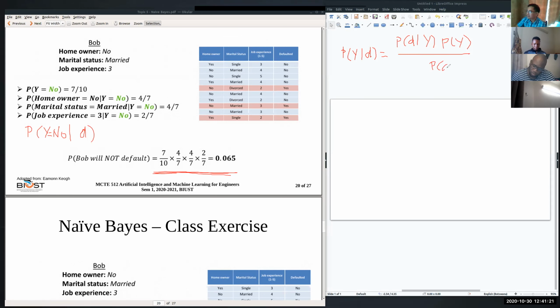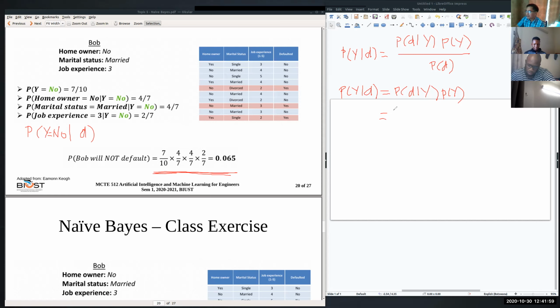That's Bayes' theorem. But in this example, it's not doing that. It's only doing probability of Y given D, and it's saying that this is equal to the numerator only: probability of D given Y times probability of Y. Why?